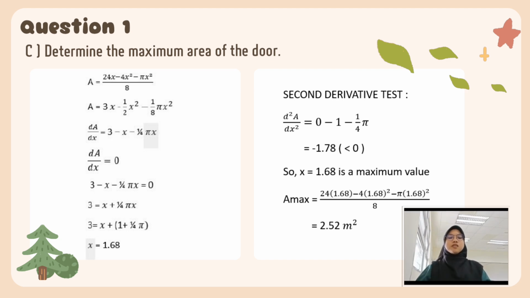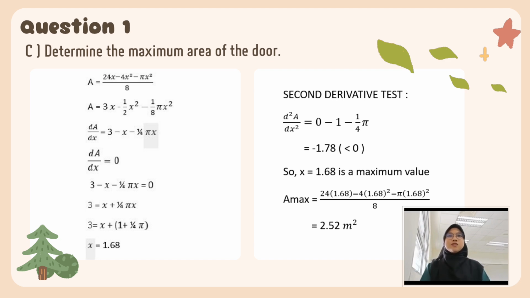And then to find maximum or minimum value, we need to do a second derivative test, which is d square A over dx square. So after doing that, we will get negative 1.78. So the value is less than 0. When the value is less than 0, then x is a maximum value.